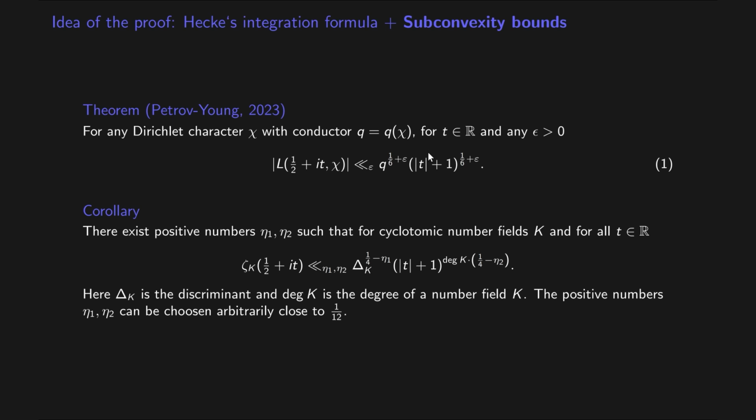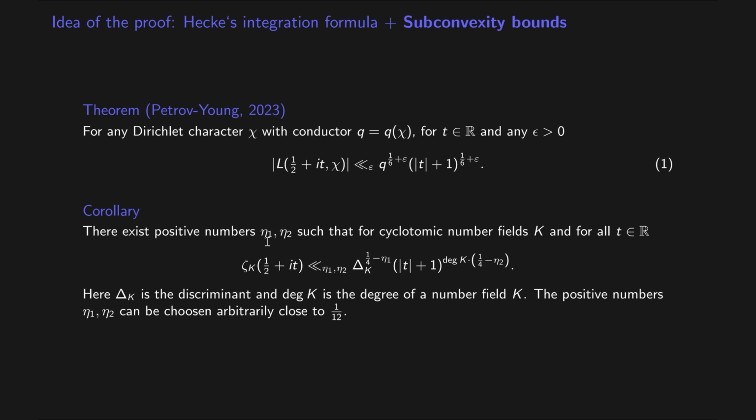And as a corollary of this theorem, there is an estimate for the value of a Dedekind zeta function of a cyclotomic field. The way these two inequalities are connected is that the Dedekind zeta function of a cyclotomic number field is a product of Dirichlet L functions for various characters.